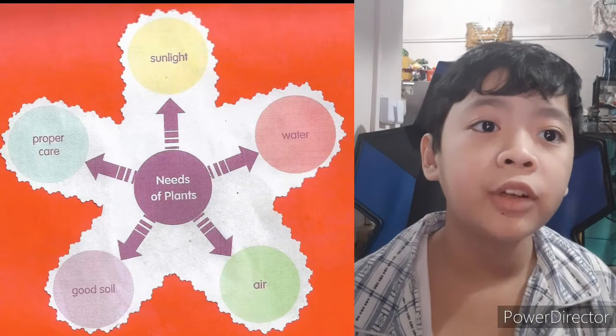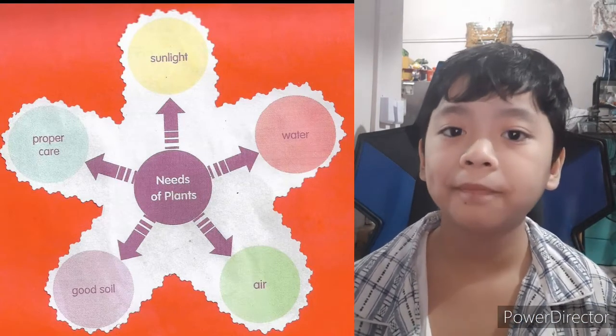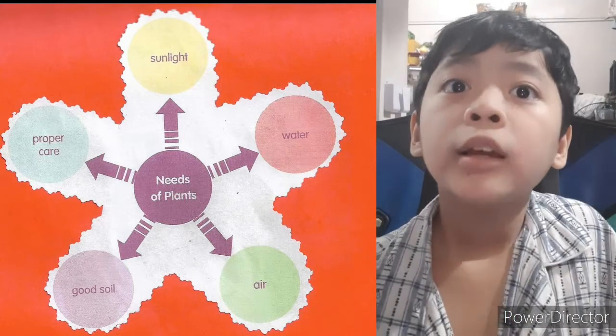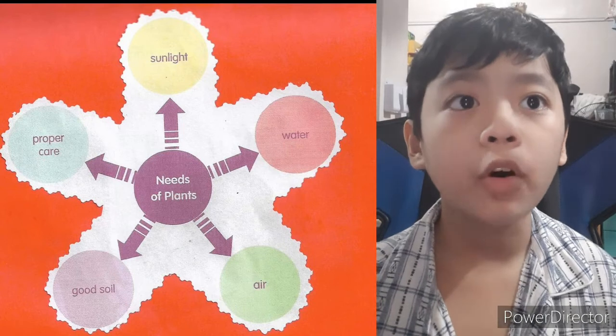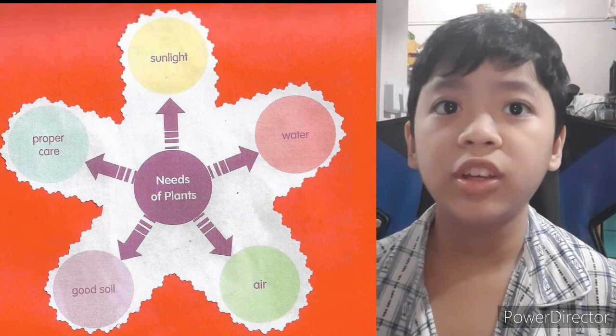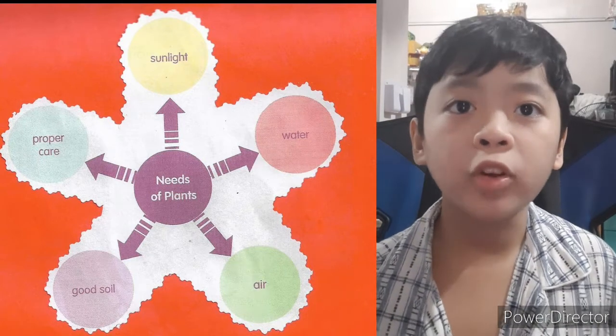Needs of plants: water, air, good soil, proper care, sunlight. Sunlight and water. Plants need sunlight and water in order to live. They need these to be able to make their own food through photosynthesis.